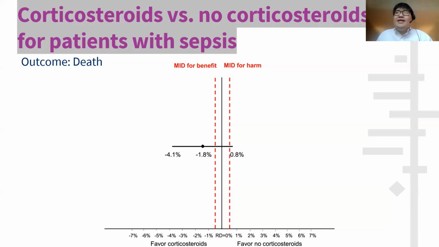So if you can source references for why you've come up with that minimally important difference, then yeah, that would really strengthen your decision, and having that in your review and quoting that when you're doing those footnotes in your summary of findings tables.